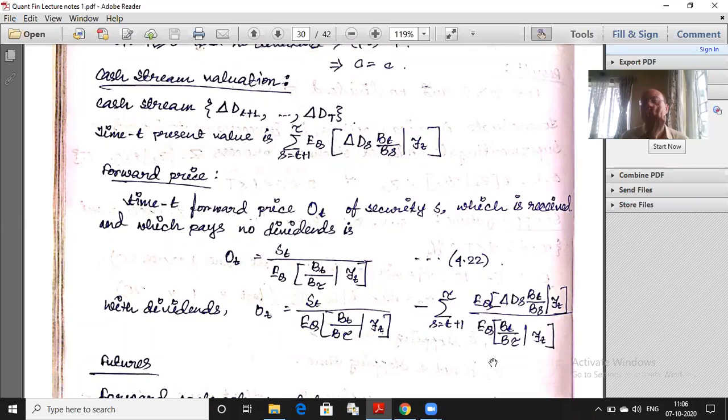So I will deduct the present value of all the dividend payments. Dividend payments are like a cash stream. So that cash stream is evaluated and I deduct it from the original price. So that's why this notation delta D was given here. So basically the most common example of cash streams are dividends, and dividends are taken out of the stock price that we have discussed already.